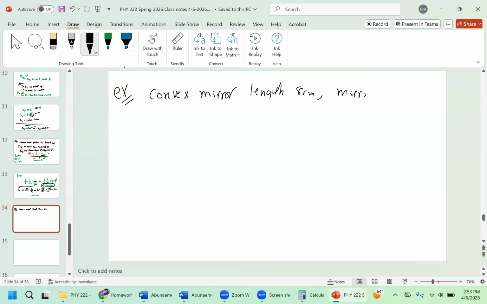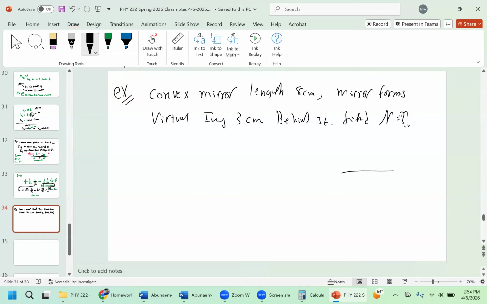Now, this mirror forms a virtual image three centimeters behind it. Find our magnification.